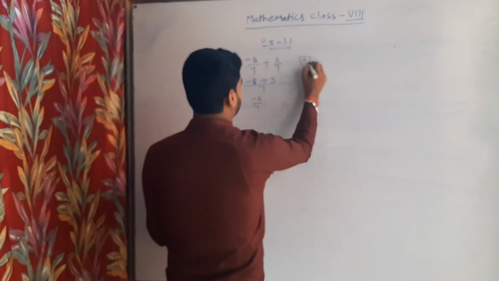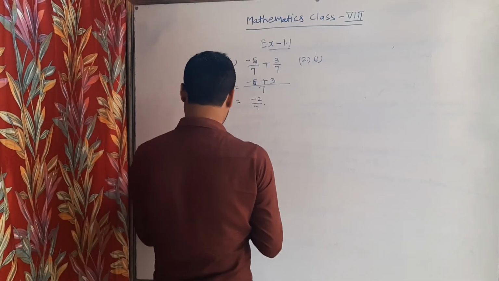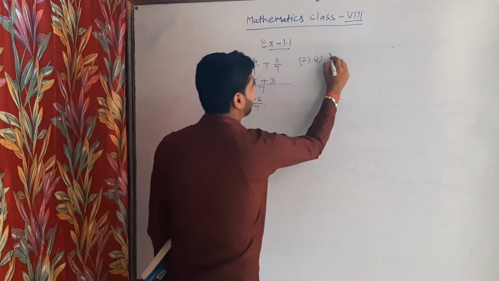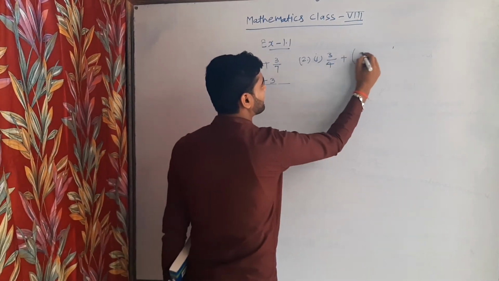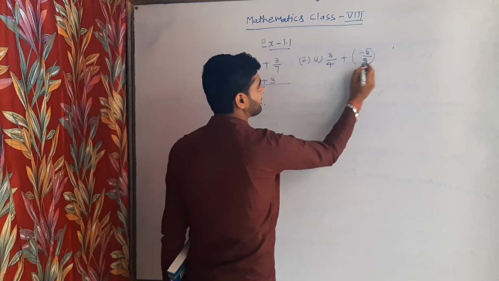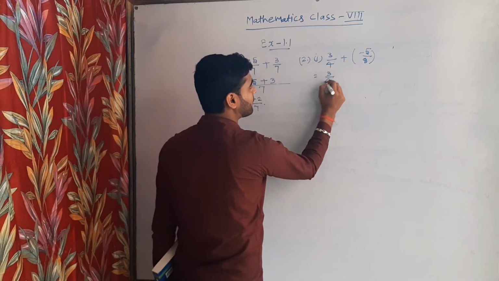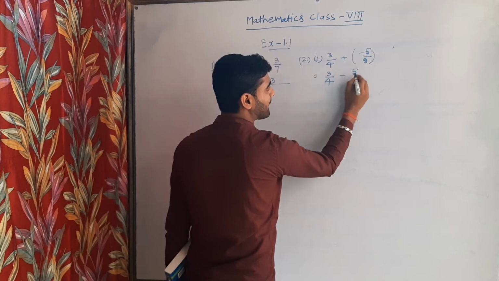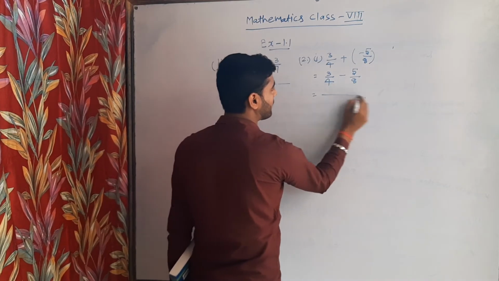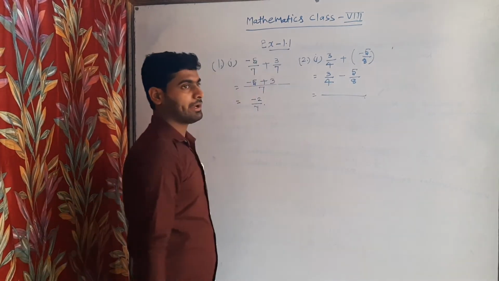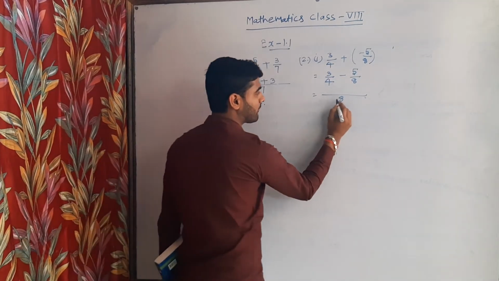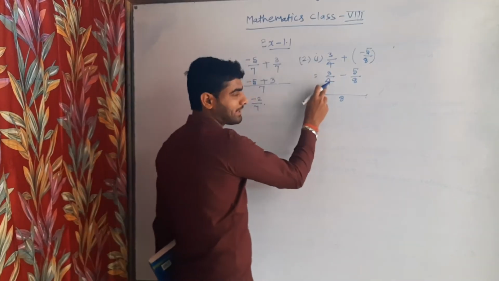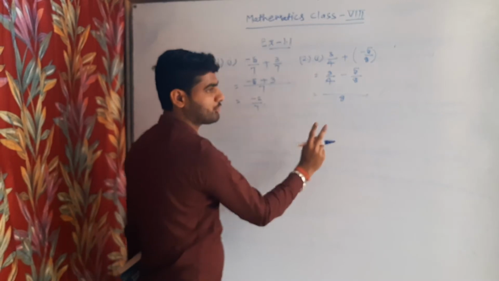Question number 2. First, we have to add 3 by 4 and minus 5 by 8. 3 by 4 plus minus 5 by 8. LCM of 4 and 8 is 8. When 8 is divided by 4, the result is 2.